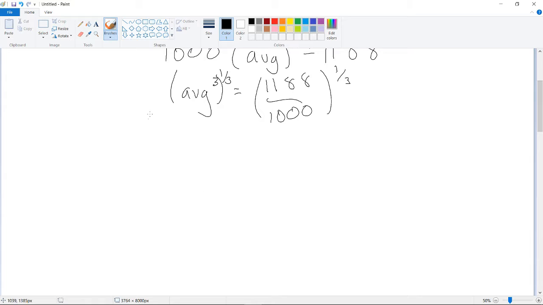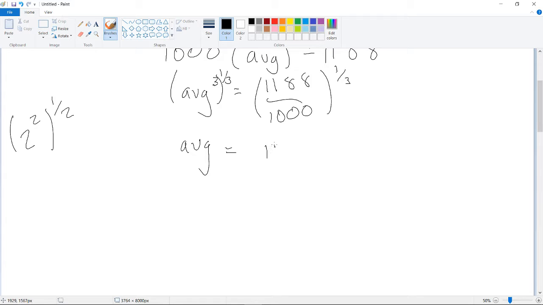So now the 3 and the 1/3 cancel, because anything to the third, to the 1/3 power, goes just to the first power. So then you just have an average over here. That's like saying 2 squared to the 1/2, because this would be 4 to the 1/2, which is 2. So they're canceling, you just get whatever's on the inside.